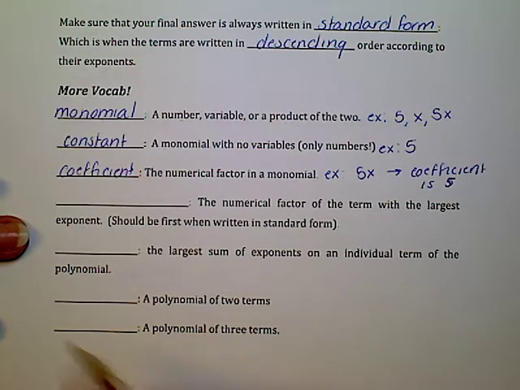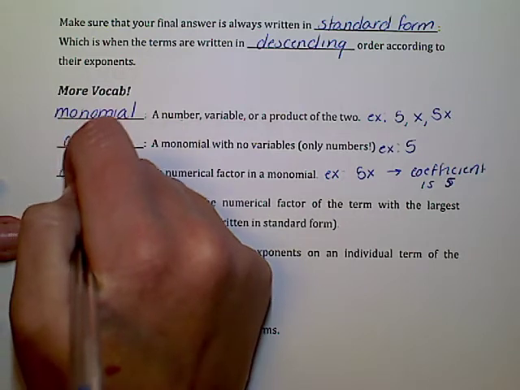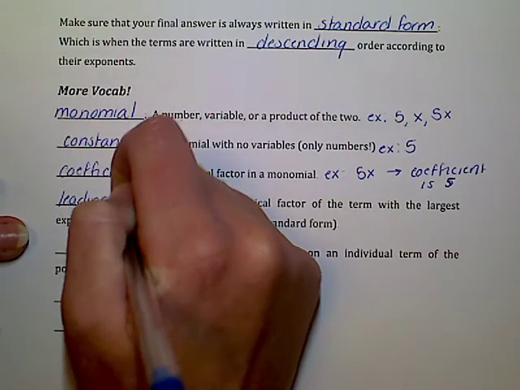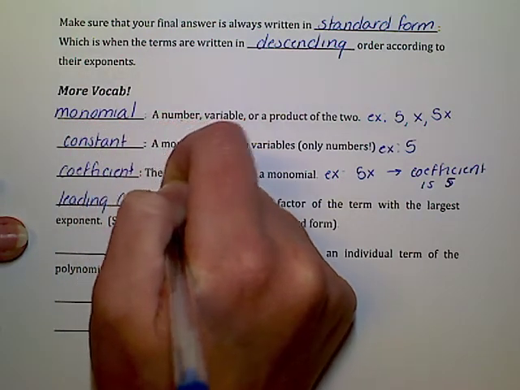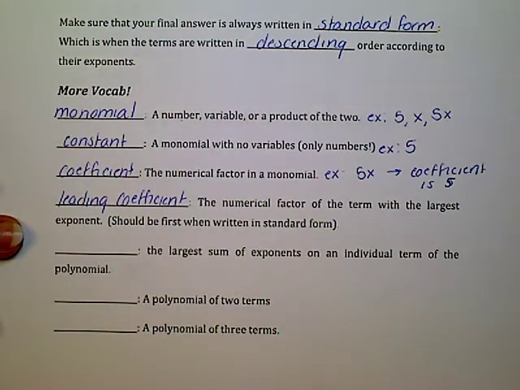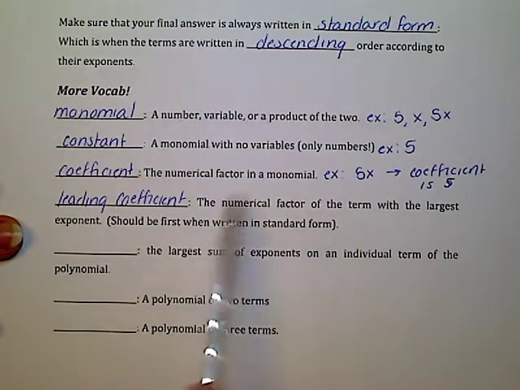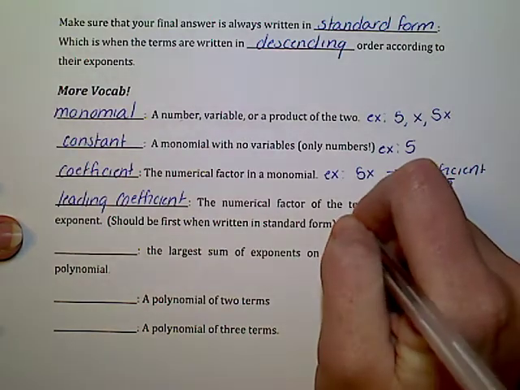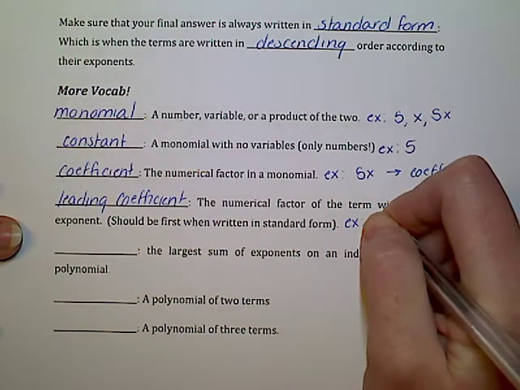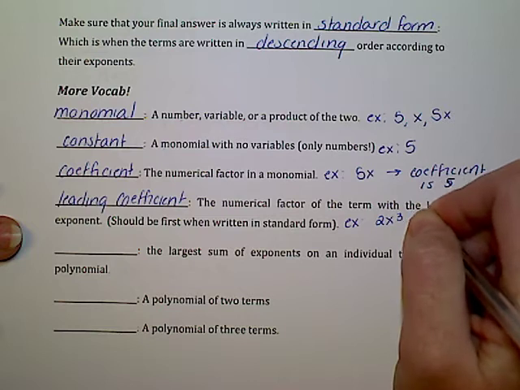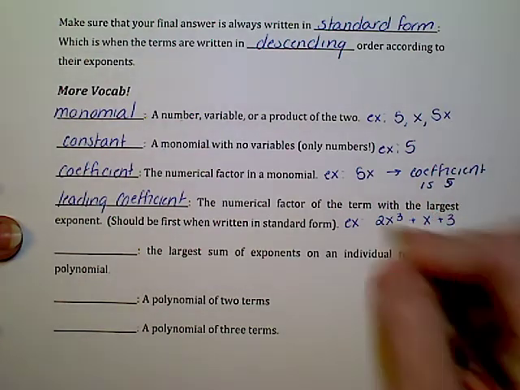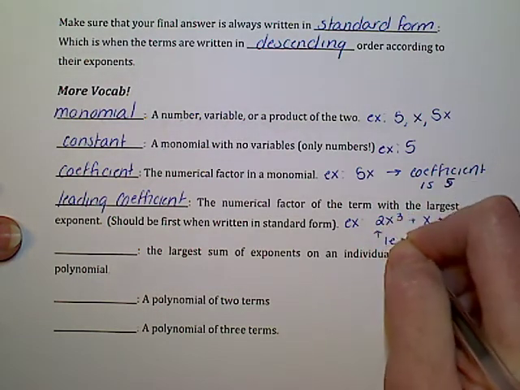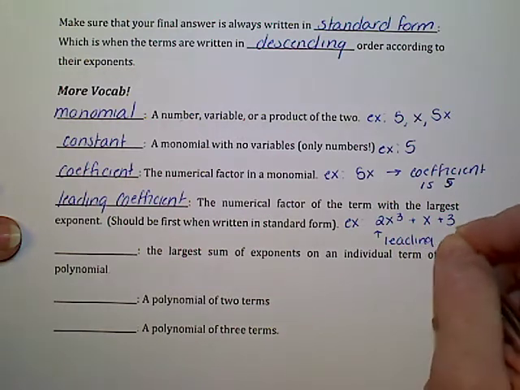Specifically, there's something called the leading coefficient, and it will be the first number that you see when we are writing an answer in standard form. So for example, let's say I have something that looks like 2x cubed plus x plus 3. The 2 is the leading coefficient.